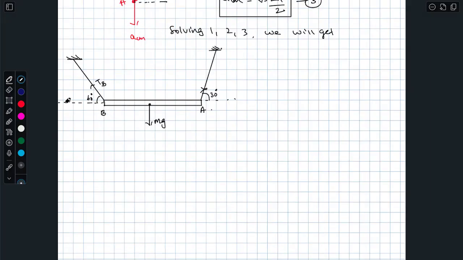Now the center of mass will have 2 components again. Why? The force has some x component as well as y component. So therefore, ax, ay.